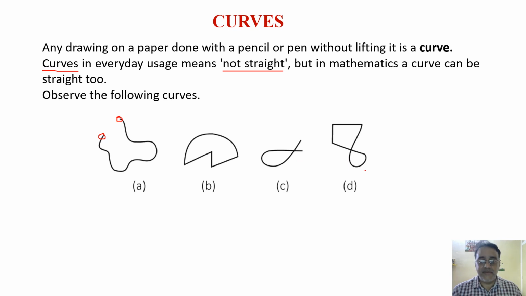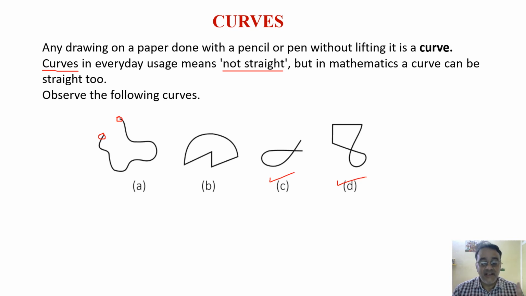Which figures have lines crossing? C and D, right. In A and B it is not crossing. We observe that in the above figures A and B, the curves do not cross themselves, whereas in figures C and D the curve crosses itself.